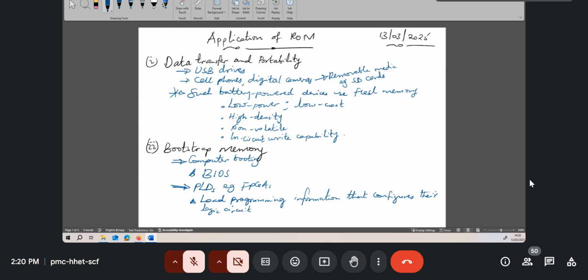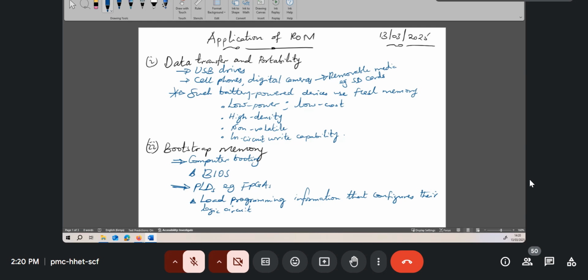And when we talk of the programming information, remember here it is hardware programming, and not the software programming as we know it. When we talk of hardware programming, you are actually configuring circuits at the hardware level.